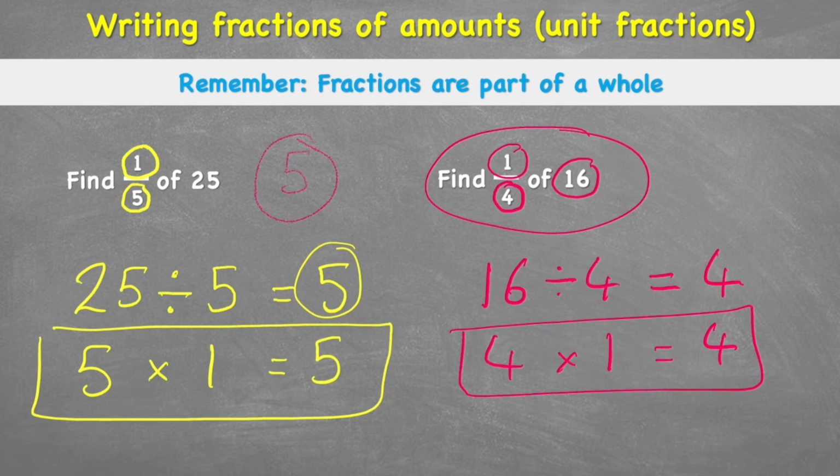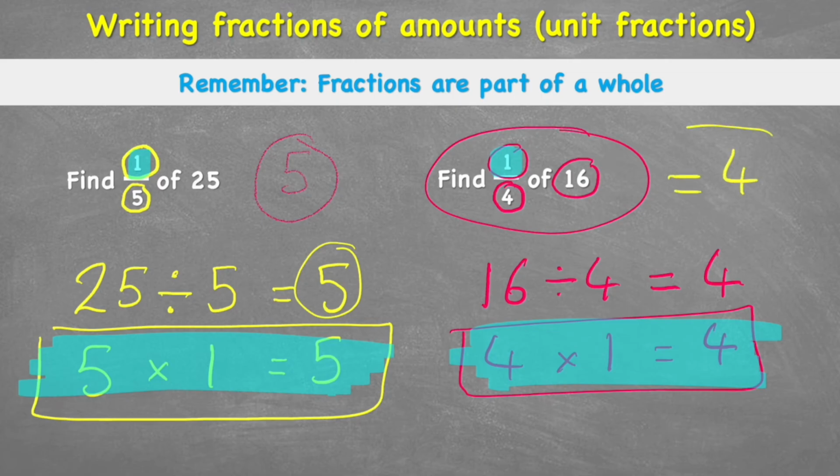That stage is a little bit unnecessary for unit fractions, but I'm introducing it now so that when we get to non-unit fractions, fractions with a different number at the top, we don't get confused with that second step. So the answer to 1/4 of 16 equals 4. Simple, right? And much quicker than doing it with pictures.